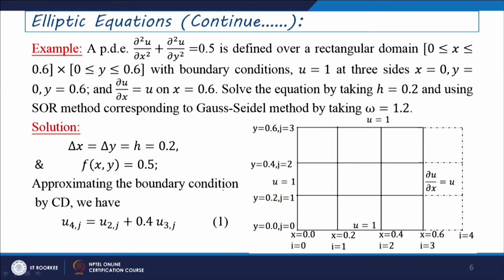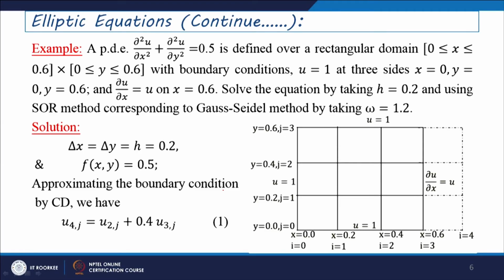So, if we go for the practical example that we considered for the earlier method, that is the Gauss-Seidel method, we can check how these values are improved by considering the same example here also.